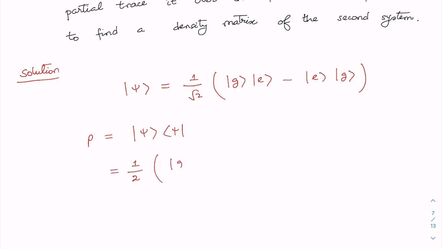Let me write here ket Z ket E minus ket E ket Z tensor product with the bra psi, that would be bra Z bra E minus bra E bra Z.